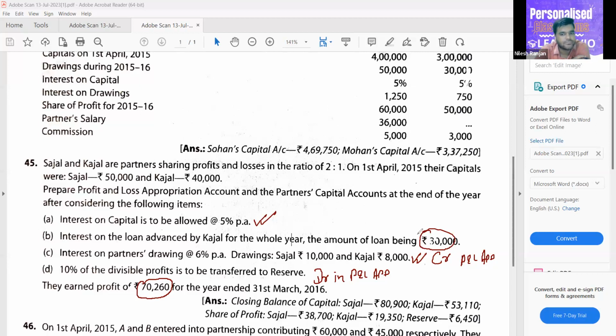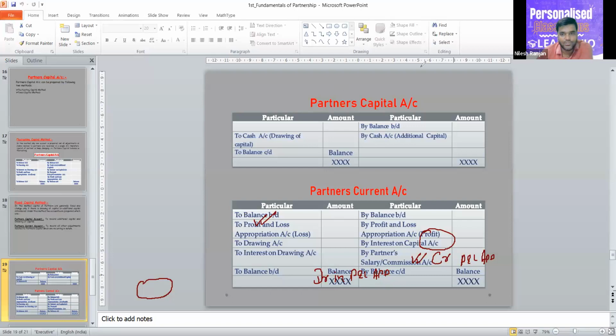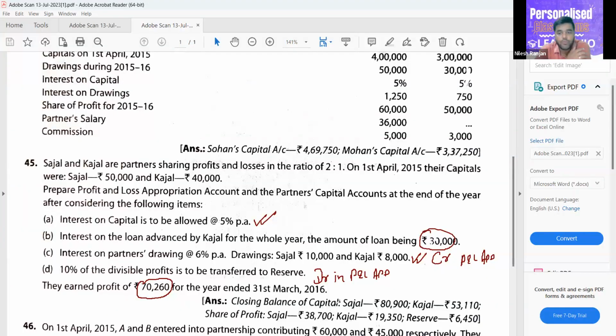Oh, okay, sir. You remember the concept of when the partnership deed is not available? Yes, sir. I remember now. Okay. So that's why we have to give 6%. So the interest will be 1,800, I think. 30,000 into 6%, it will be 1,800.